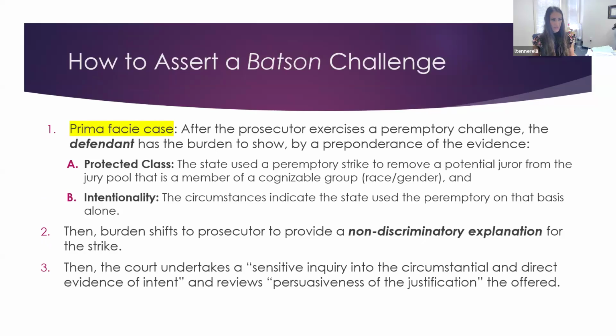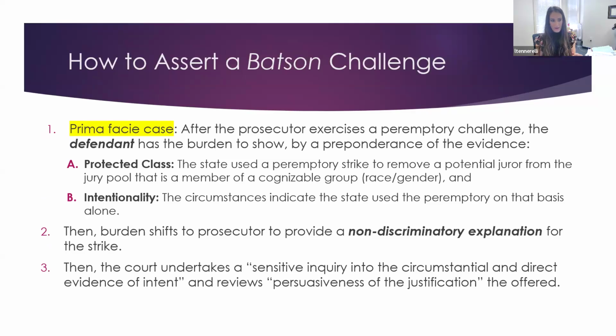So that's why we need a whole separate case to see how this works in the civil context. So the way it works under Batson is, first, we have the peremptory, no reason is given. Then the defendant would have to make a prima facie case by showing, one, the person struck is part of a protected class.